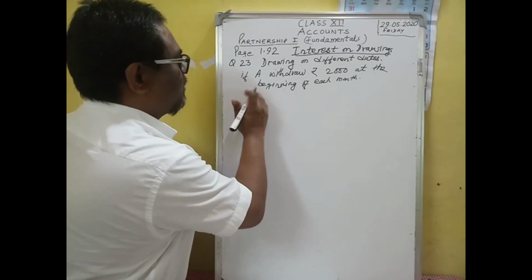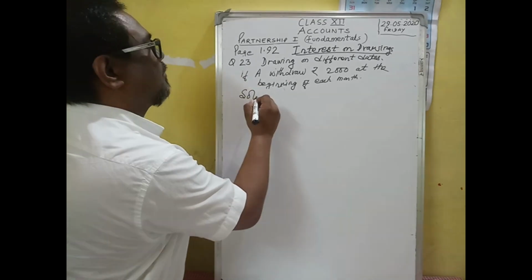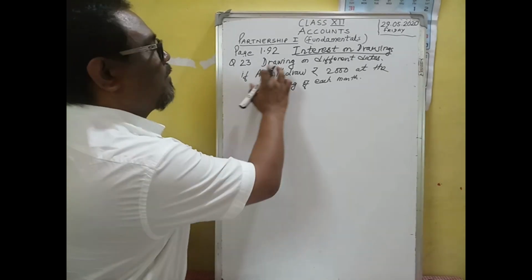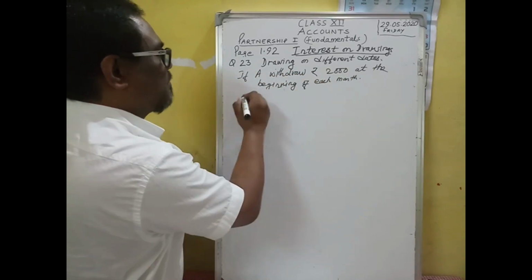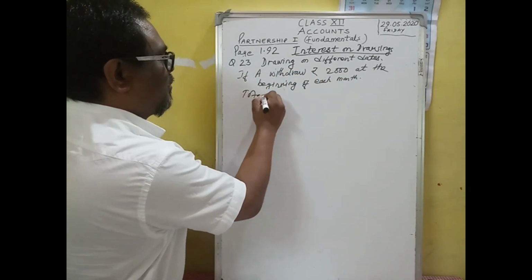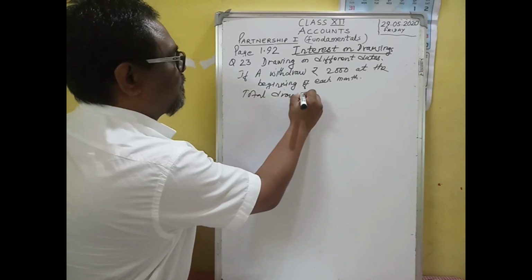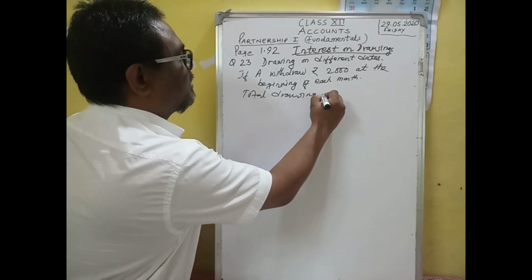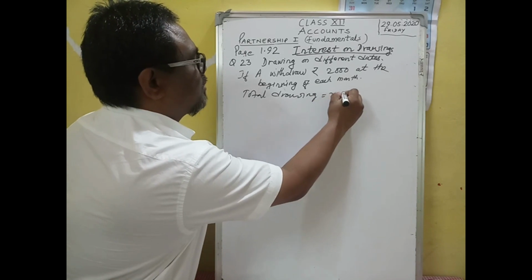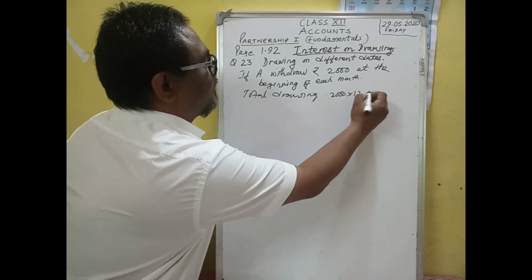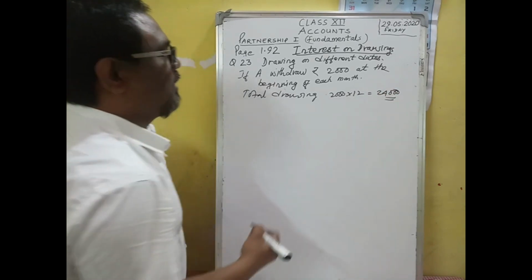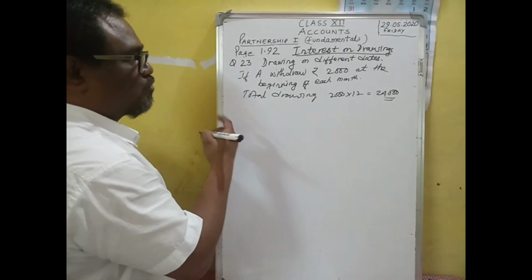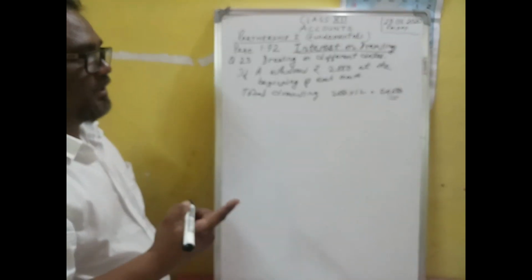If you see the solution, total drawings is equal to 2,000 into 12, 24,000. Total drawing 24,000.